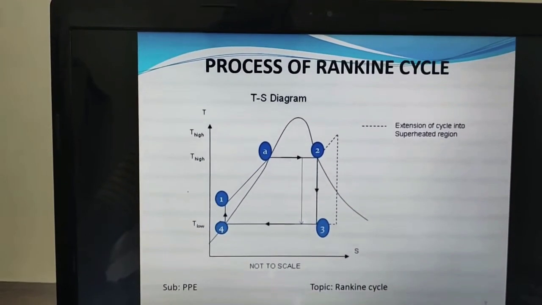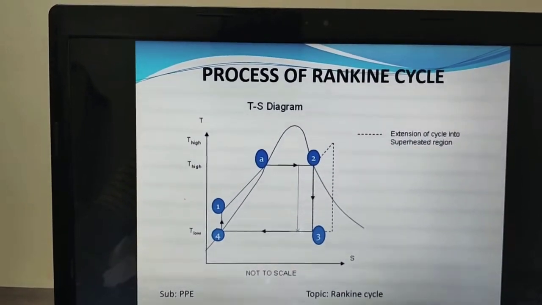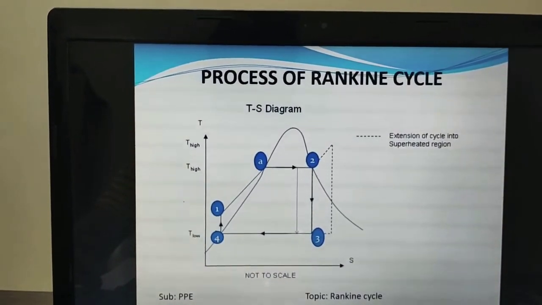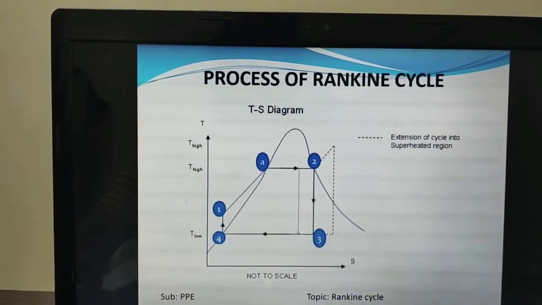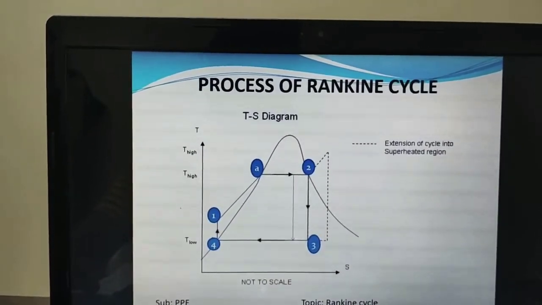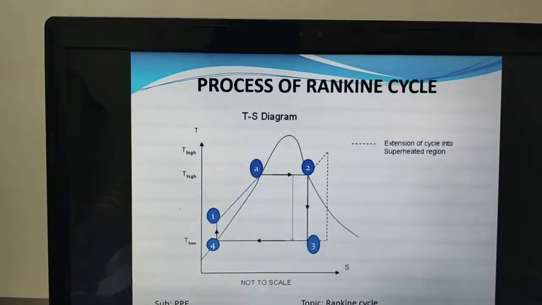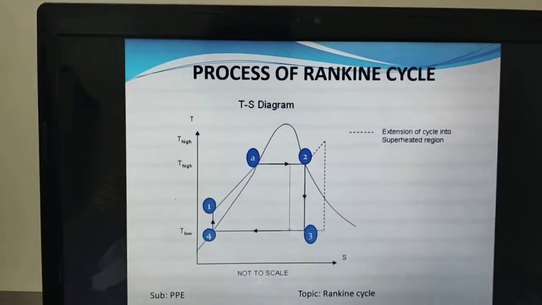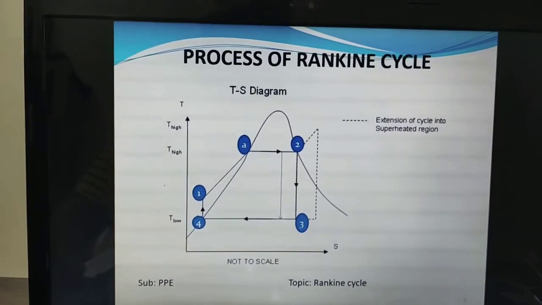Now the process 2 to 3. The steam expands reversibly and adiabatically in the turbine from 2 to 3. During this process, the pressure falls from P2 to P3 and the temperature falls from T2 to T3. Now the process 3 to 4.